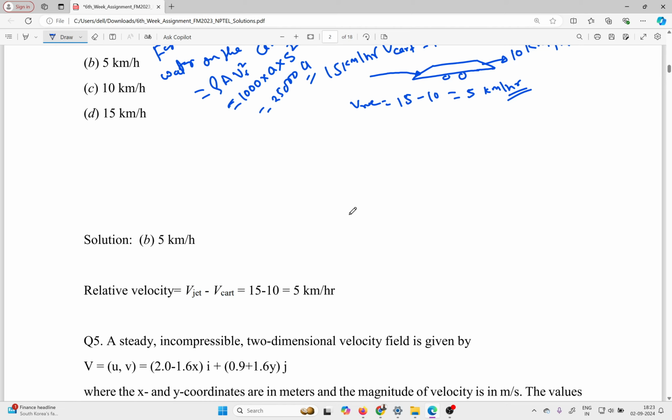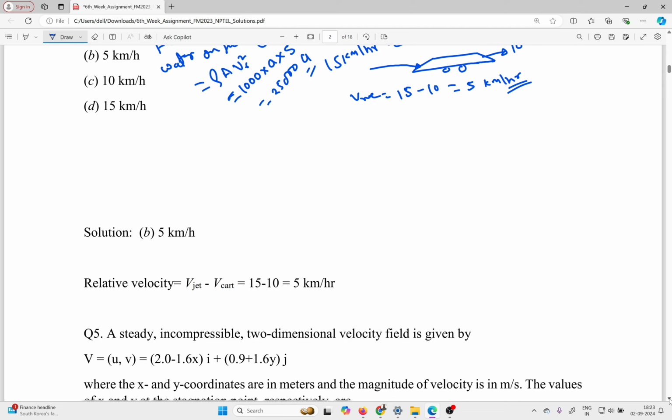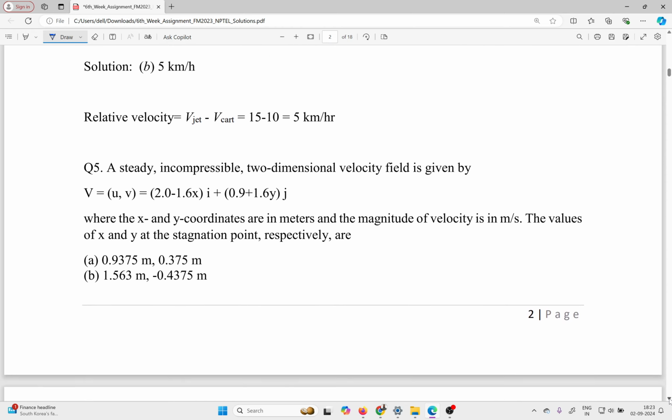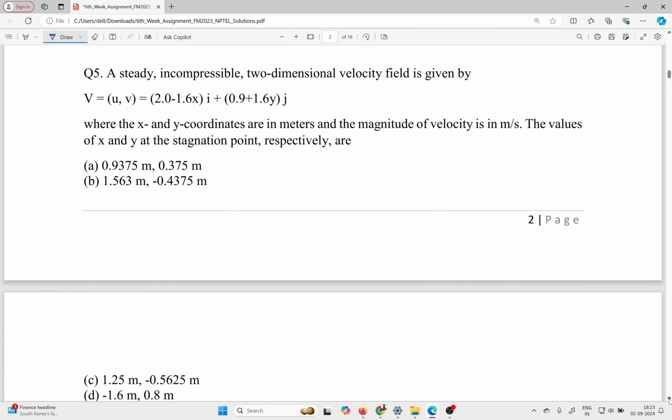Question number 5. A steady incompressible two-dimensional velocity field is given by V equal to (2.0 minus 1.6x) i plus (0.9 plus 1.6y) j, where x and y coordinates are in meter and the magnitude of velocity is in meter per second.